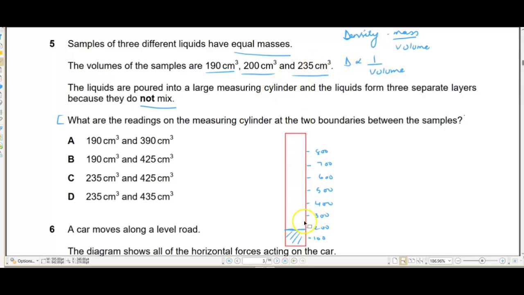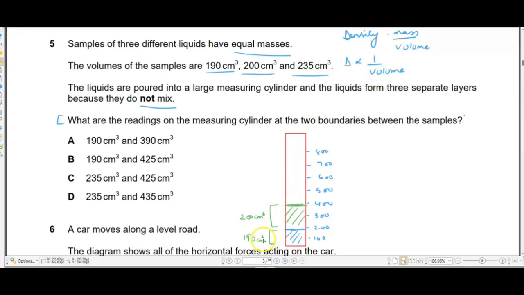So what we have here is that 100 and almost around here is going to be the boundary for the second liquid. Let's change the color. Okay, so this is going to be 200 centimeter cubes, and then 235 centimeter cubes is going to be on the top because it has the most volume.